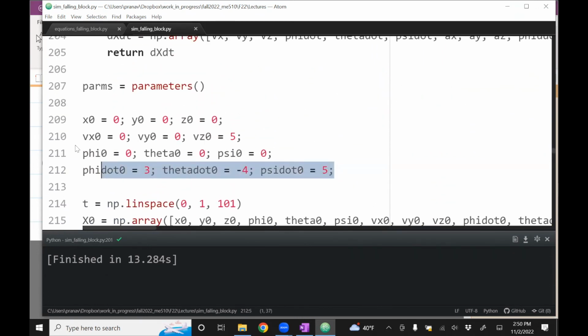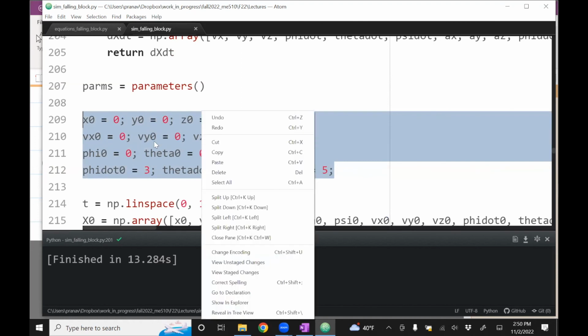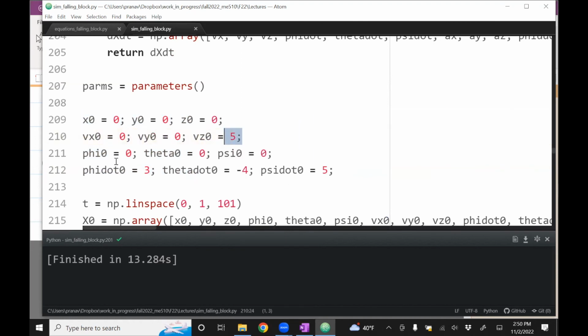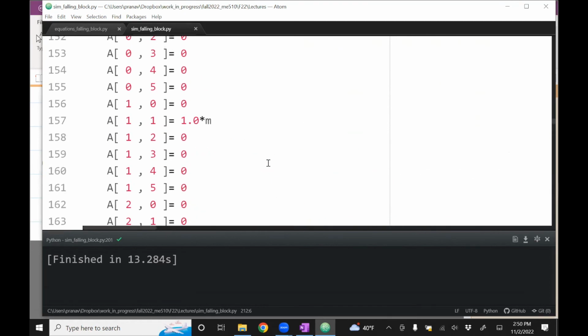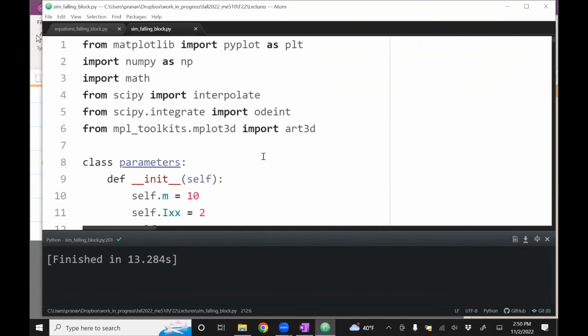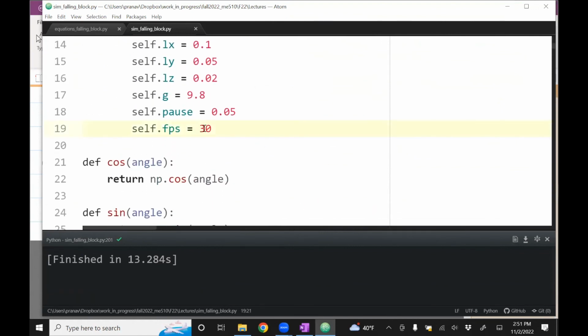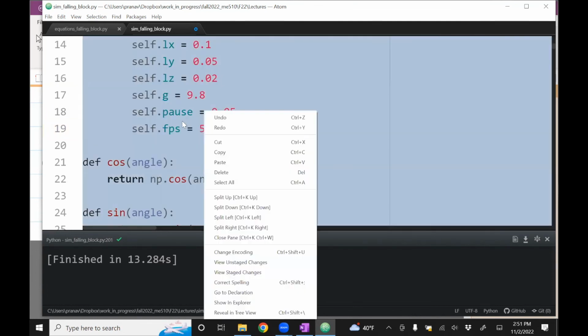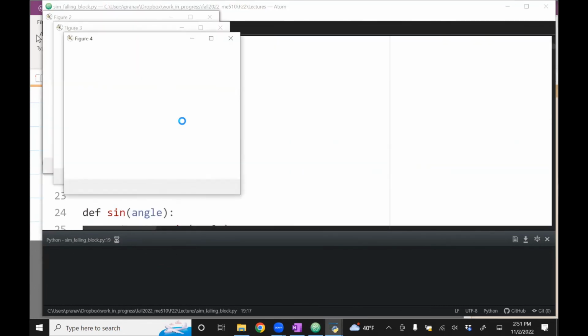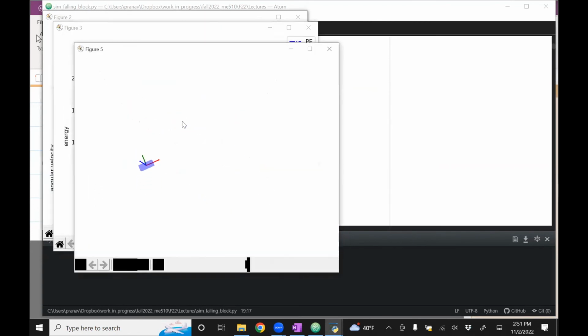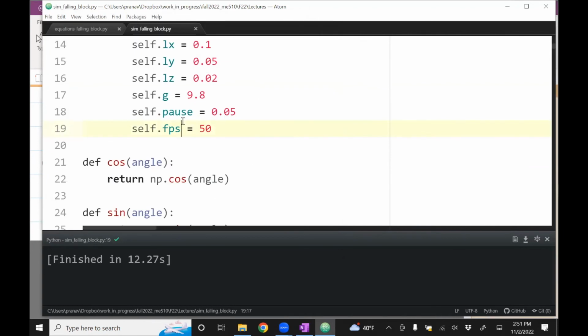Okay, so this is my initial condition. I randomly set the initial velocity in the z direction to be 5, and then I set some spin velocity, so phi dot, theta dot, psi dot, to some random values. I simulate for 1 second, and I can make it a little bit slower by changing this to 50. Okay, so that's not really very helpful, right? But it basically simulates the system when you put random velocity in.